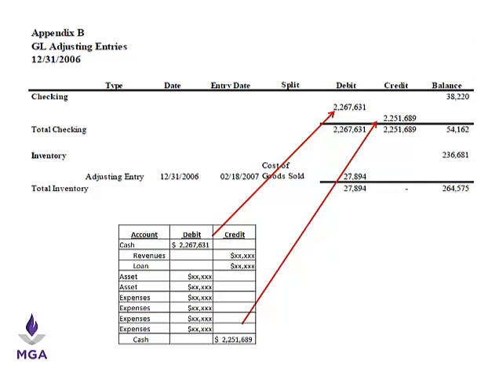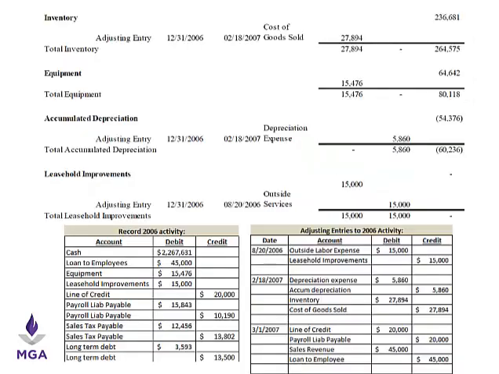So what I did was put all the debits and credits of the entry into Excel so I could inspect them. I did something like this. I went and got every time there was a debit or credit to one of these accounts. So we see a debit to the equipment account. We see here a credit to accumulated depreciation, and this is an adjusting entry.